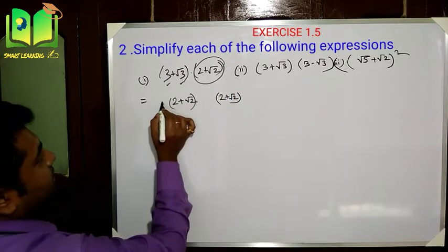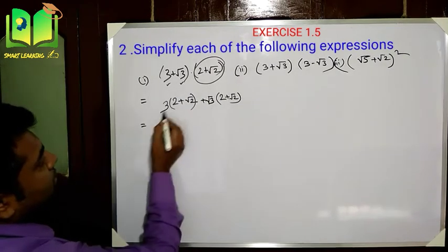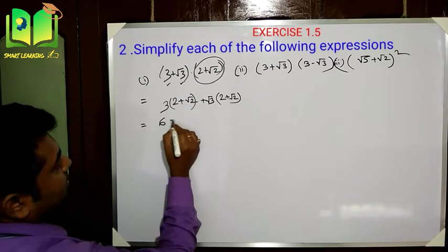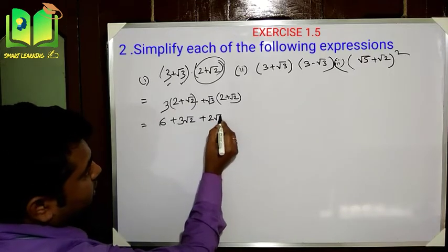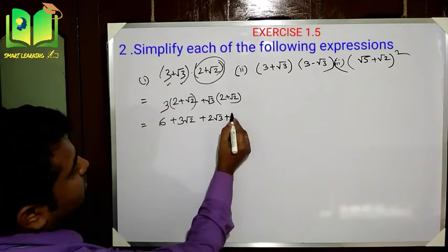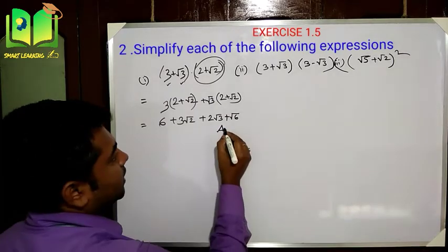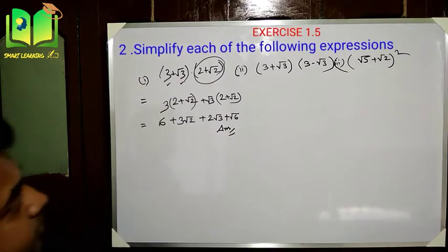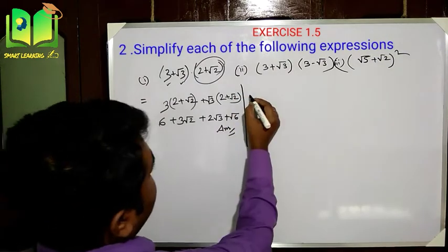And how many terms are here? 2. Write here 3 and plus root 3. Equals to 3 2s are 6 plus 3 root 2 plus 2 root 3 plus root 6. So it is the answer. Done. Now we will see the next one.